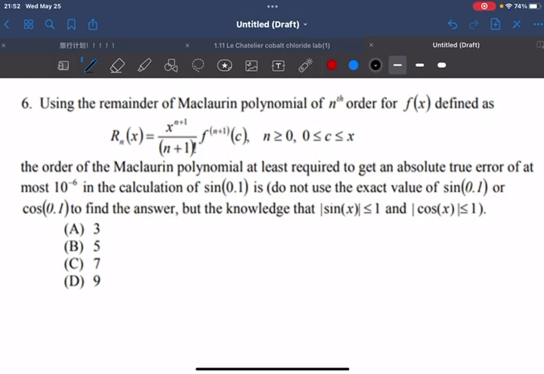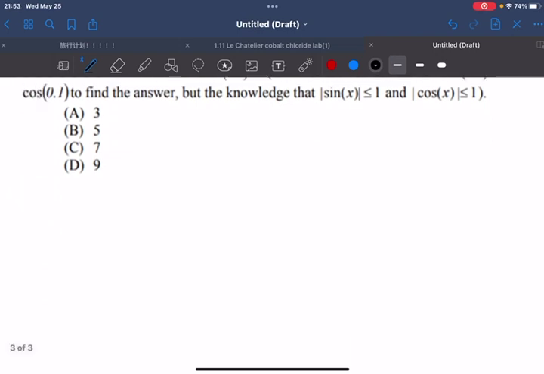The second question is about the remainder of the polynomial. The order of the Maclaurin series at least required to get an absolute true error at most 10 to the negative 6 in the calculation of sin 0.1. So let's recall that the remainder is R_n(x) equals x^(n+1) over (n+1) factorial times f^(n+1)(c).